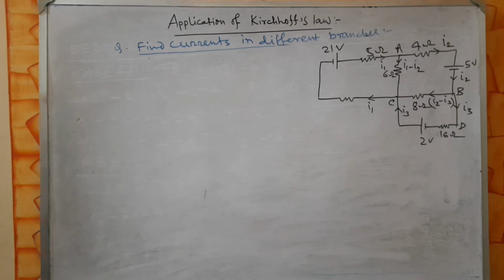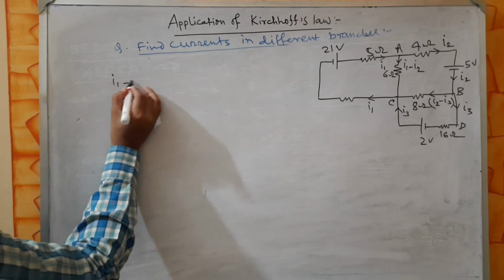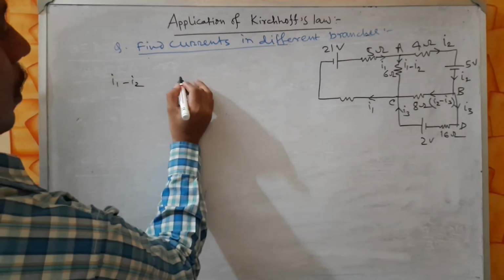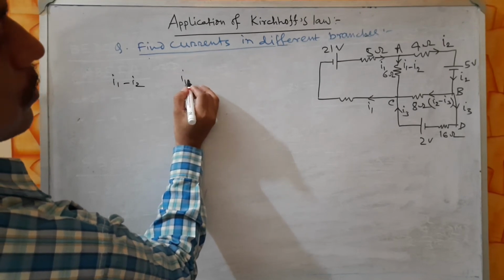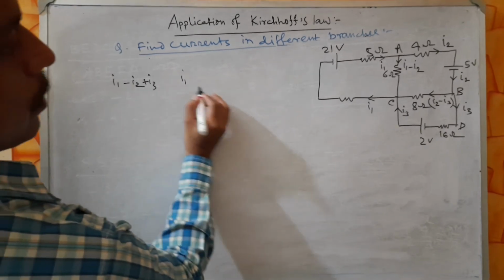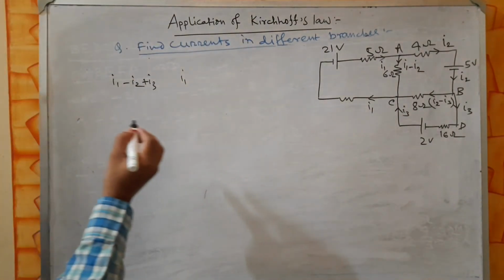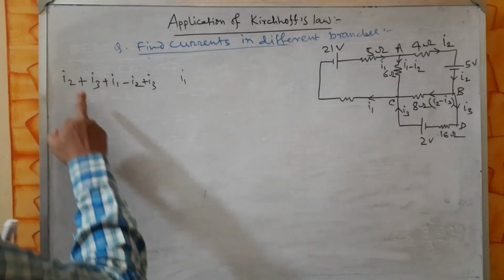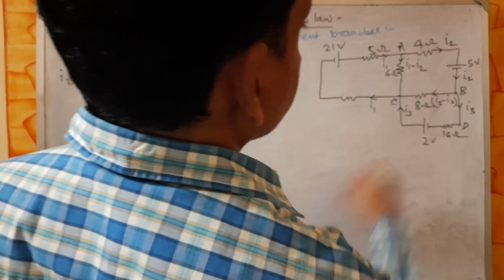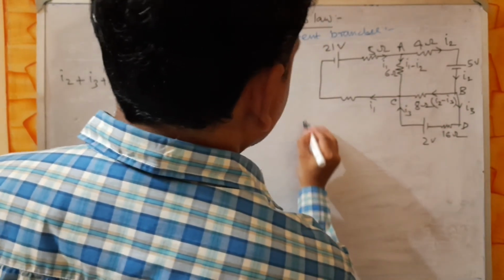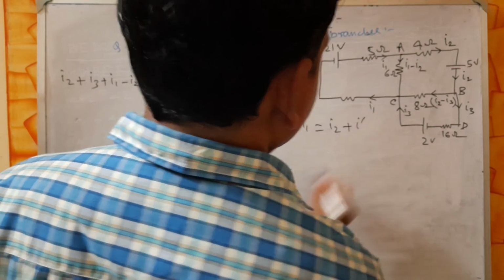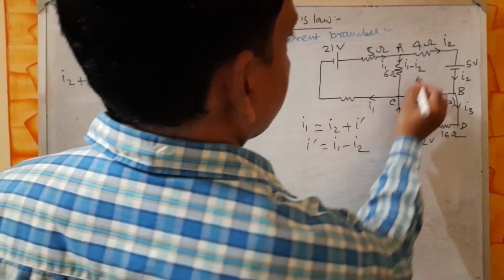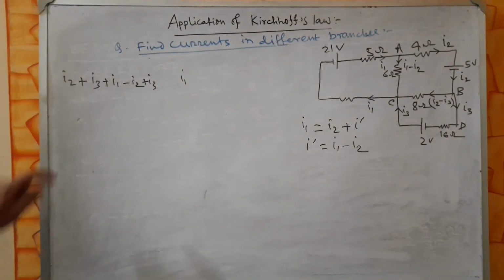At the junction point C, the sum of entering currents and the sum of leaving currents are considered.